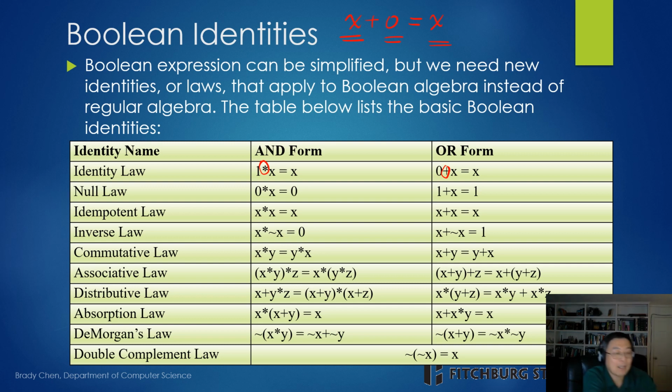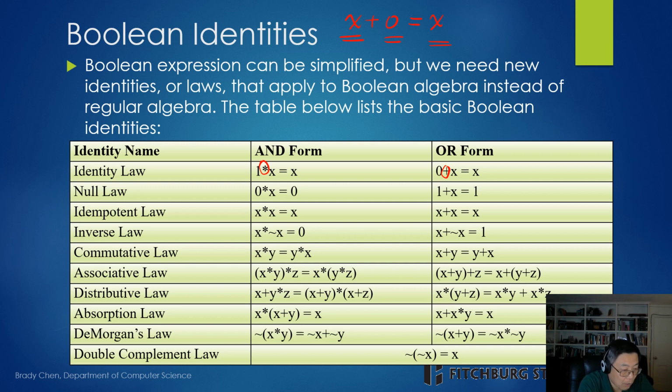This identity can be widely used in Boolean algebra. We can use it without even proving it, because it's always true for any variables. We know the Boolean identities are all true.